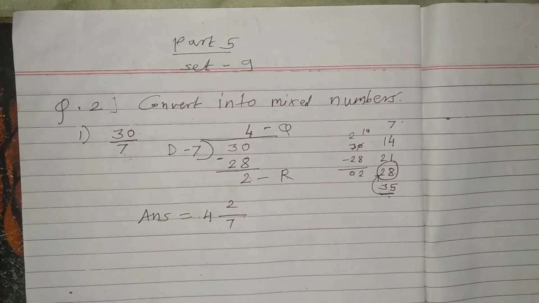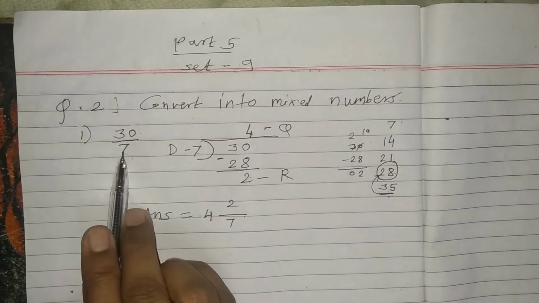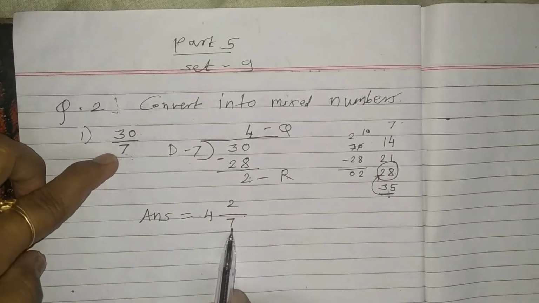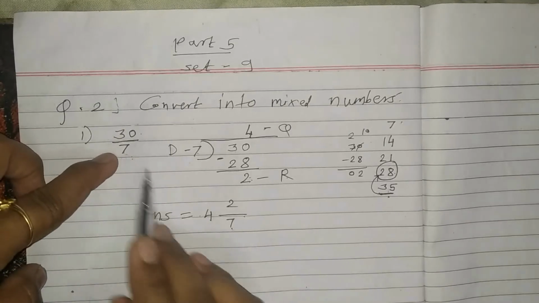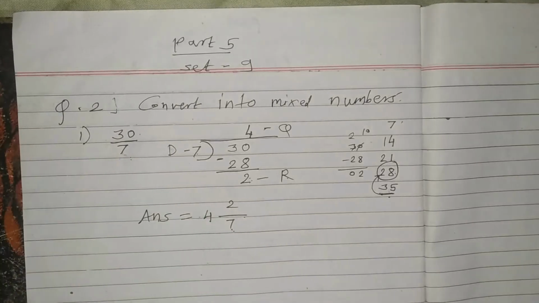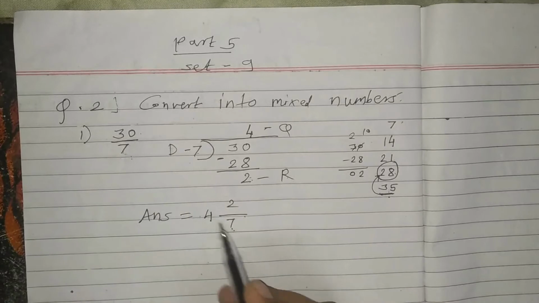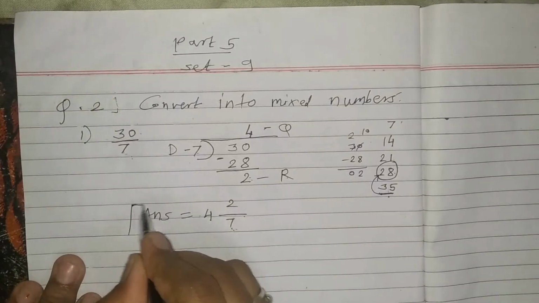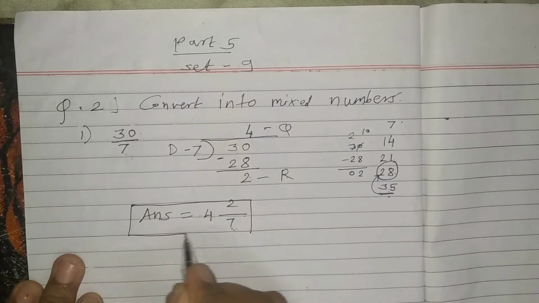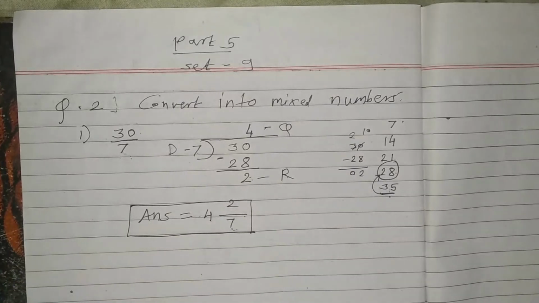The denominator should be down. Whichever denominator is in the question should be the same here. Cross-check your answer this way: the denominator in the question should be here in your answer. If you solve this again, you will get the answer back. So this is your final answer, which will carry 2 marks in the exam.